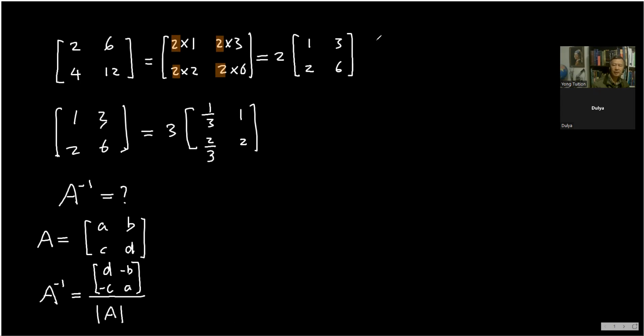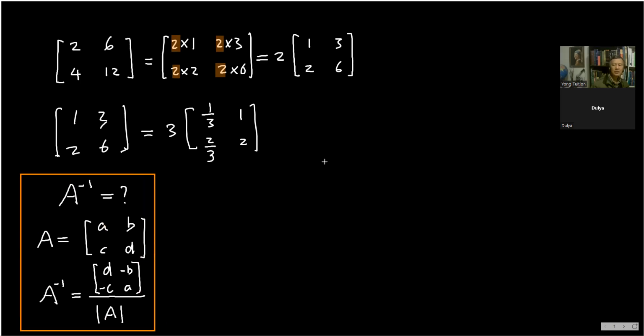When you study the matrix, it helps if you know how to derive that. When we talk about the inverse, by definition, the inverse matrix multiplied by the matrix equals the identity matrix.